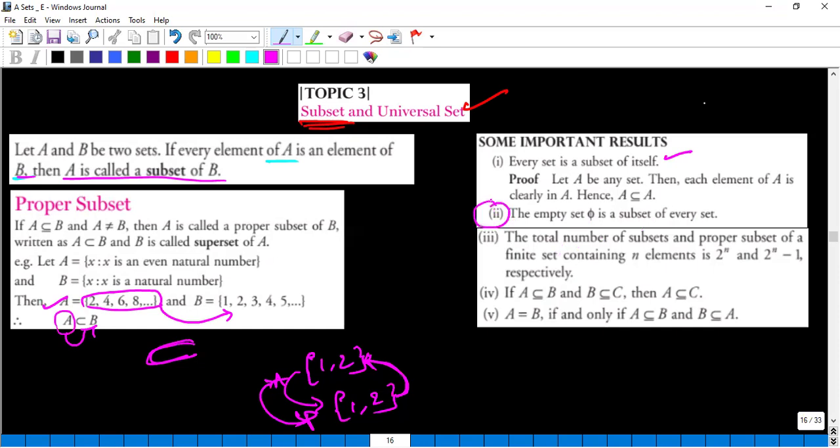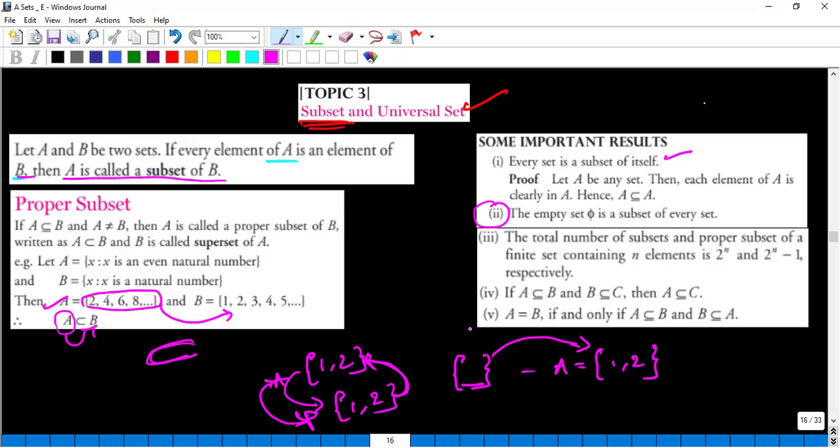If you want proof, let us have a small discussion over here. The empty set does not have any element. You take any other set. Let me take set A as 1, 2. Now I want to prove the empty set is a subset of A. How will I prove it? Understand the concept like this. It does not have any element.